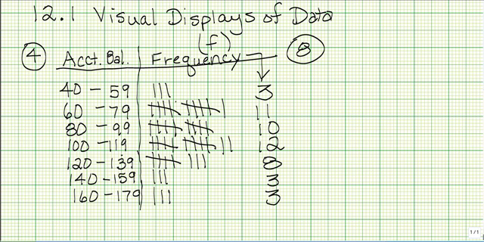Okay, in number 8, we're asked to create a stem and leaf plot for the data, and we're instructed to treat the ones as the leaves, and the stem would be the tens position.